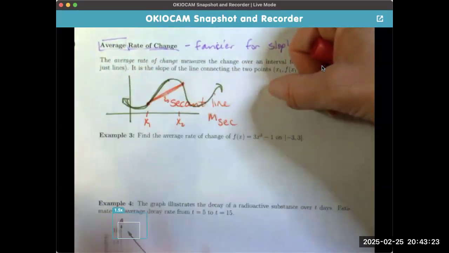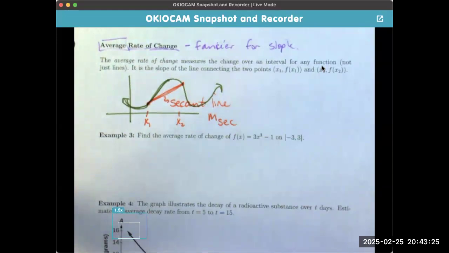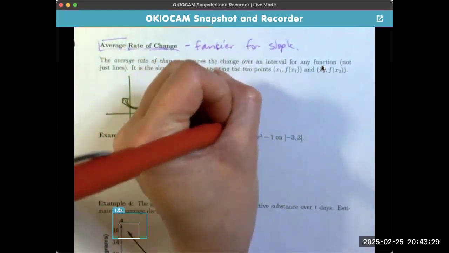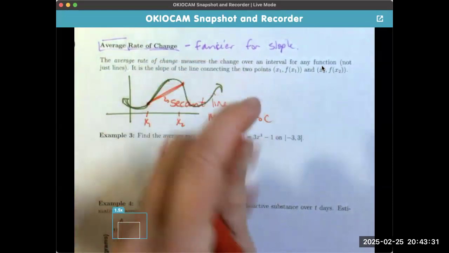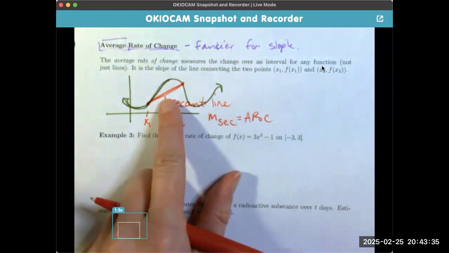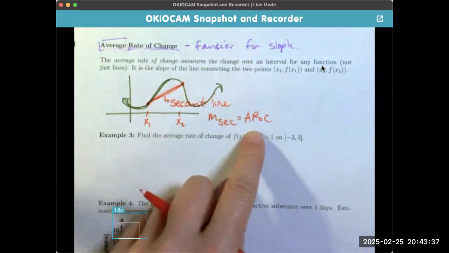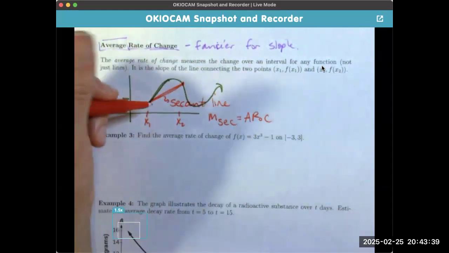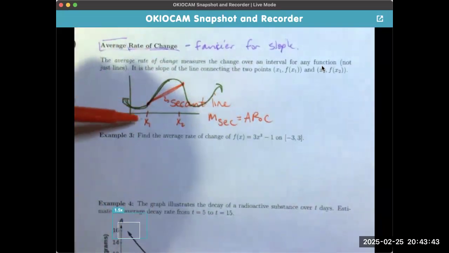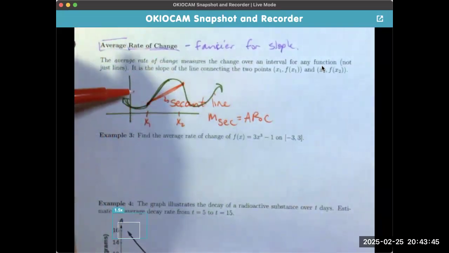Sometimes called m sub sec for m sub secant, right? The slope of this line is equal to the average rate of change, AROC, my little shorthand notation. So if I find the slope of this line, it tells us our average rate of change. So basically, we just connect the dots of 2 points on the interval and find the slope.